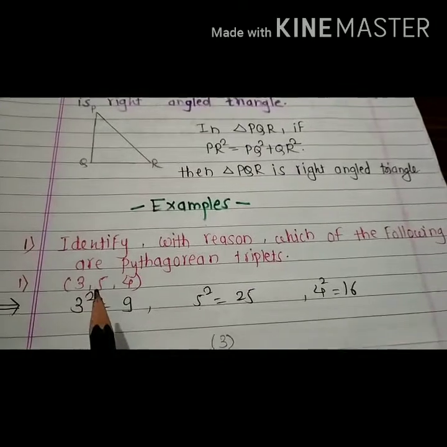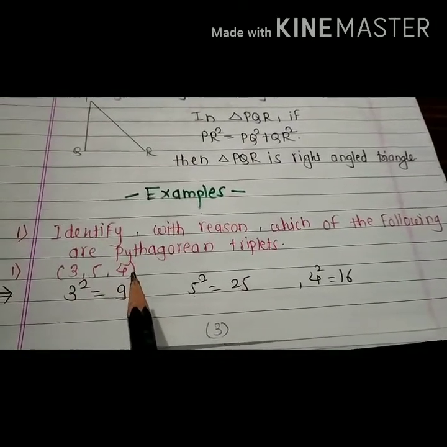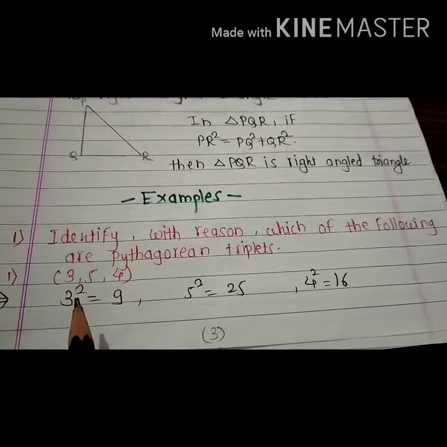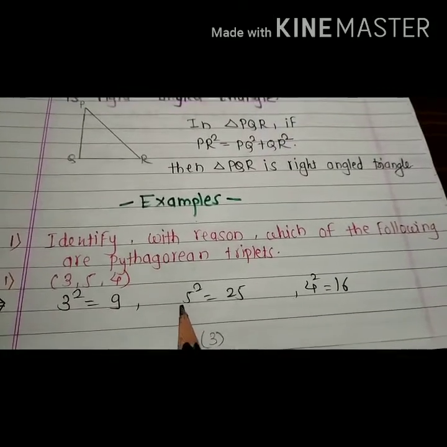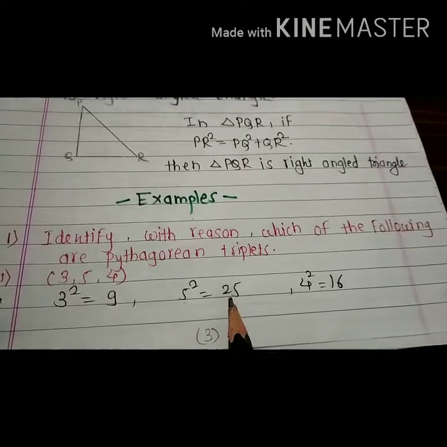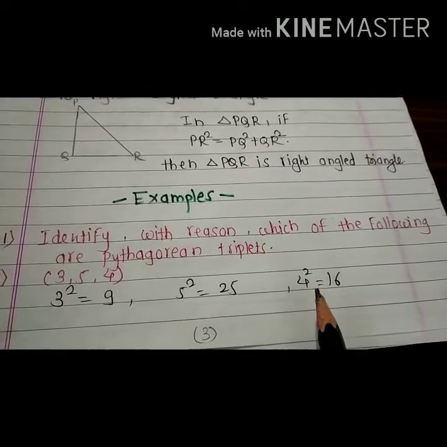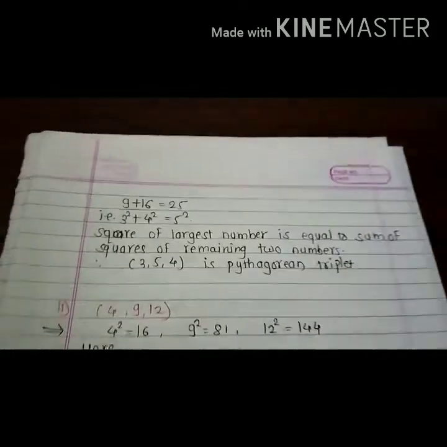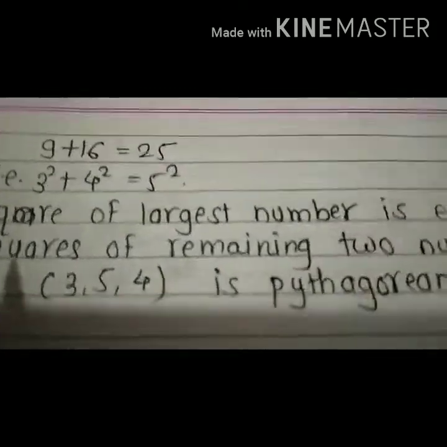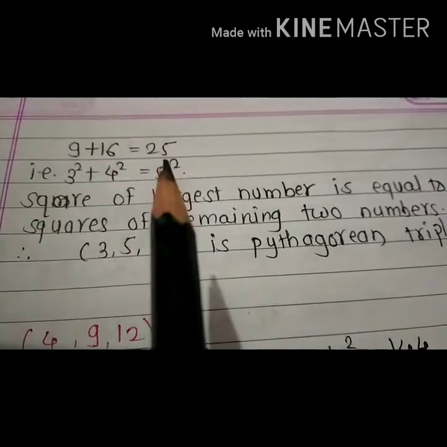First is 3, 5, 4. First we square all the numbers. 3 square is equal to 9, 5 square is equal to 25, 4 square is equal to 16. Now if we observe, 9 plus 16 is equal to 25.